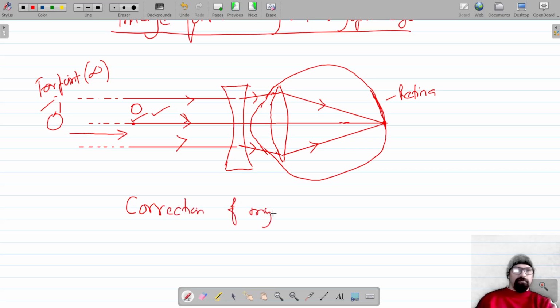Now your far point has moved back to the normal far point, which was at infinity. All the rays coming from infinity are now diverged by the concave lens and then converged to bring them on the retina. So this is the correction of myopia.